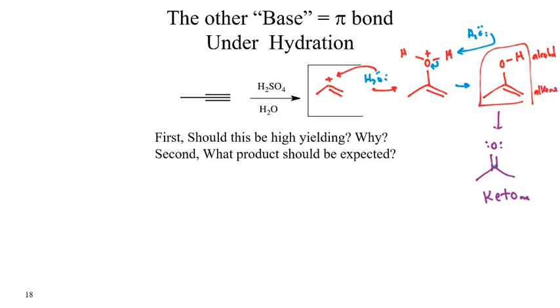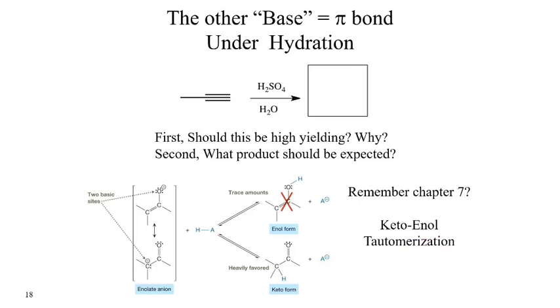Wait, didn't we talk about alkenes and alcohols being an enol, and there was a keto-enol tautomerization? Yeah, you remember all that from chapter 7? Yep, here it is. So here's where it comes back. This is of incredible importance, and this reaction actually ends with the ketone.